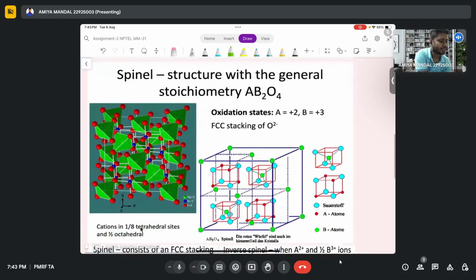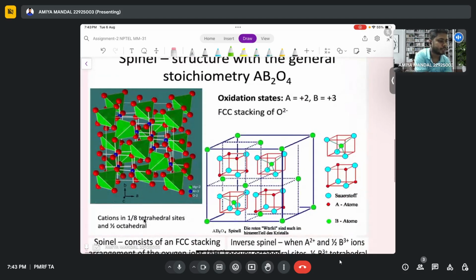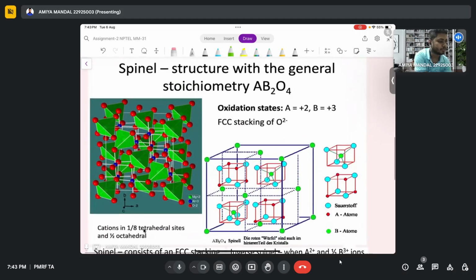Now you can see this figure: the structure of the AB2O4 spinel structure with oxidation states of plus 2 and plus 3. It is neutral overall.